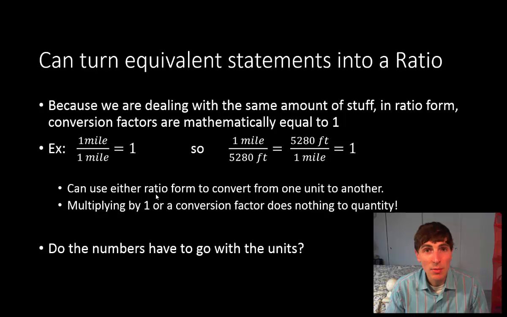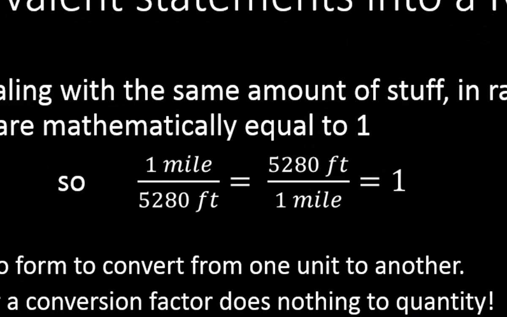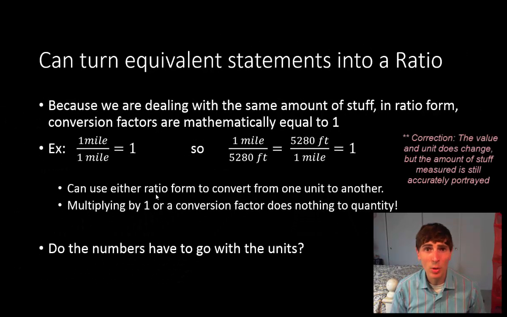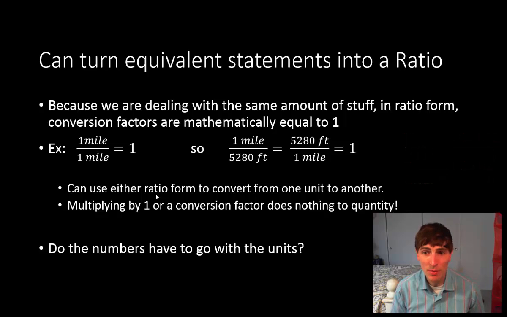So, if we're talking about the same amount of stuff, if I put in ratio form that 1 mile is 5,280 feet, or that 5,280 feet is 1 mile, and I divide those, when I divide something by itself, it always equals 1. So we can use this ratio form of an equivalent statement to convert from one unit to another. And mathematically, when we multiply any number by 1, it's always the same value afterwards. So when we multiply something by a conversion factor, it doesn't actually change the value of what we measured.